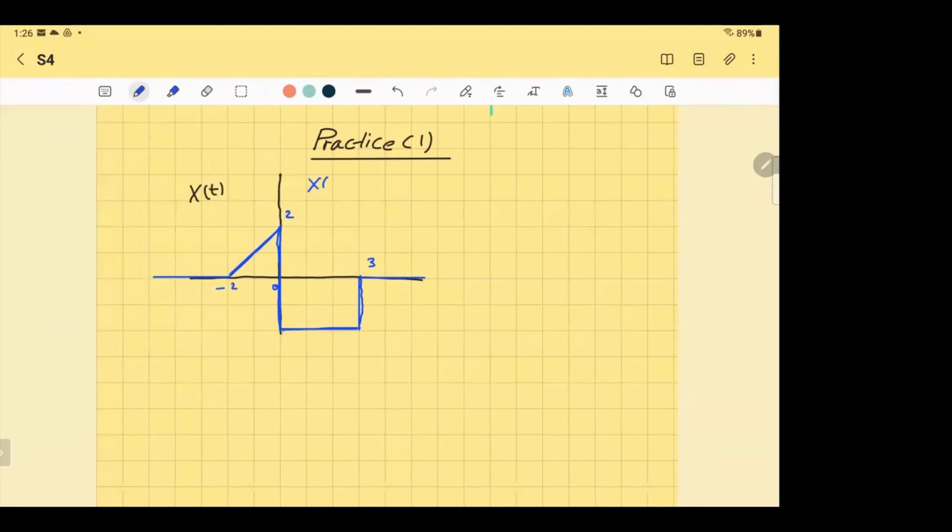That's x of t. What's required for practice 1? Yes, that's negative 2.